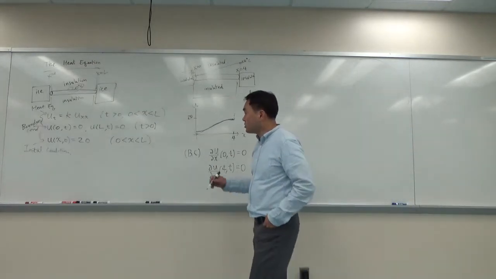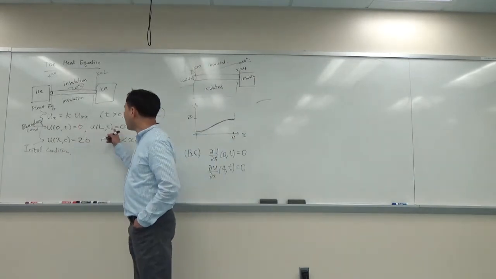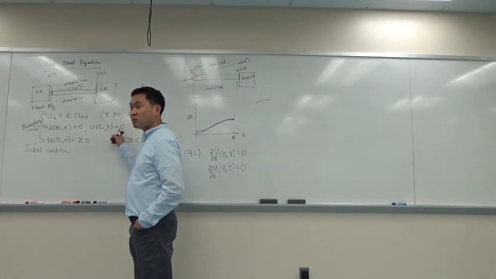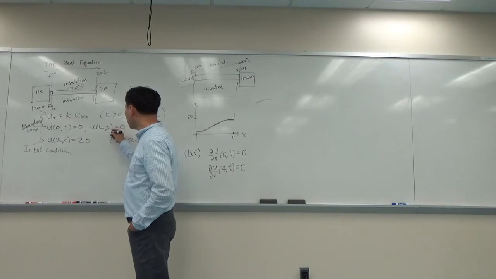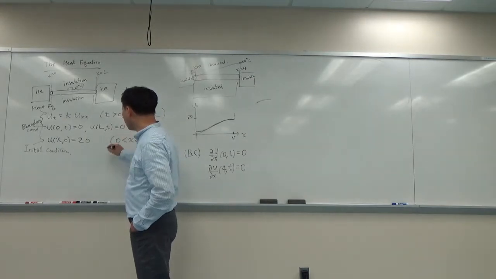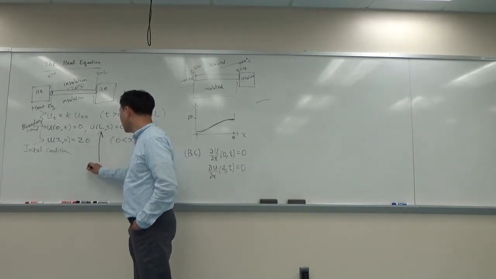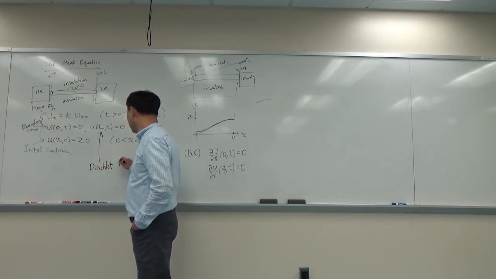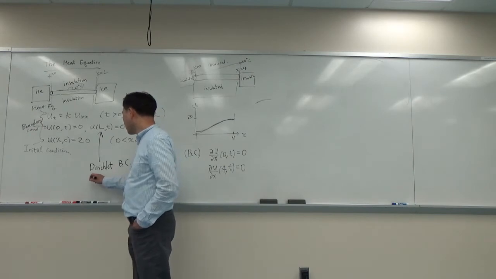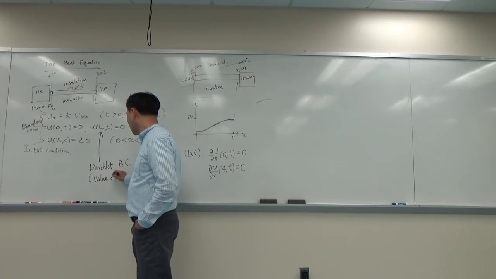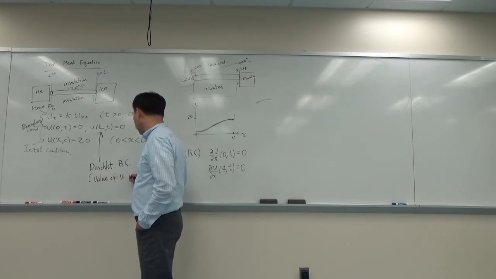And they have names. If the values are given, this is called the Dirichlet boundary condition, where the value of u is given.